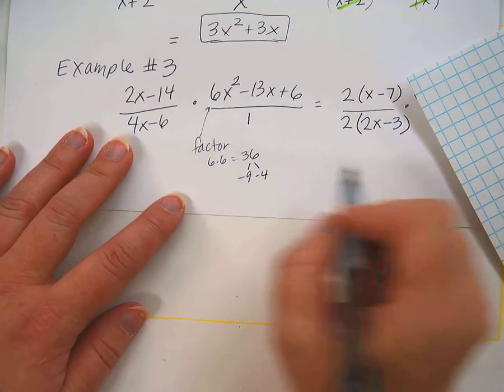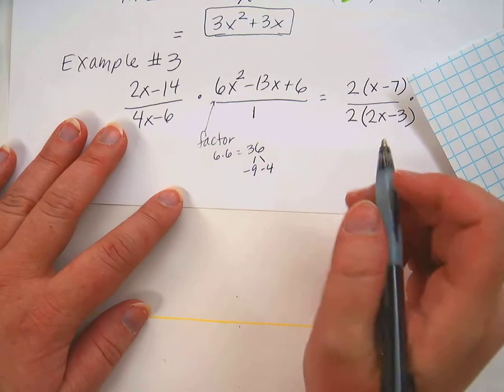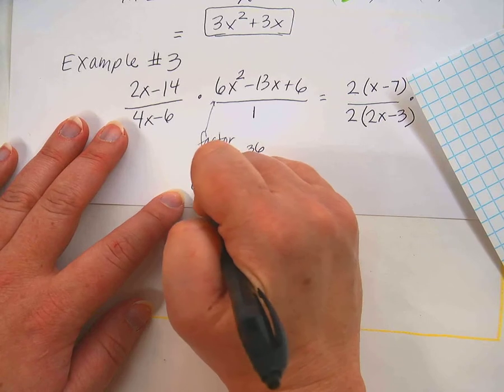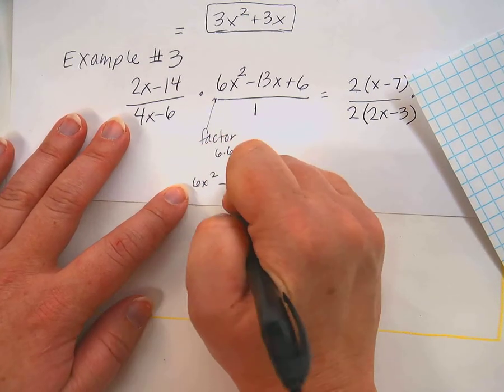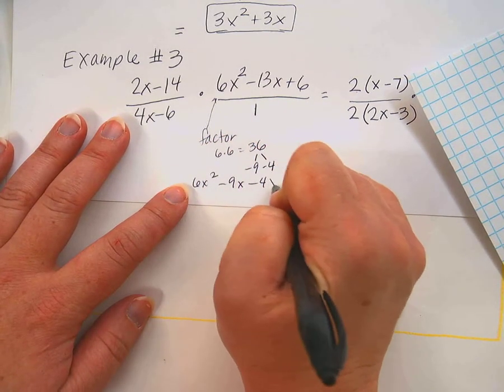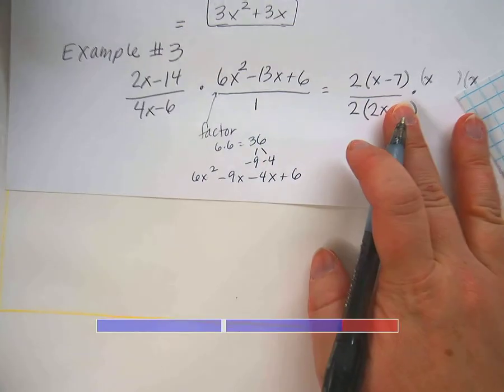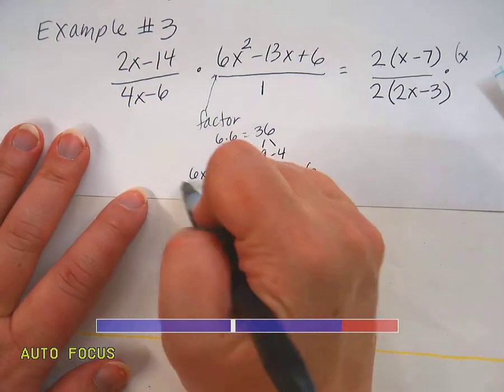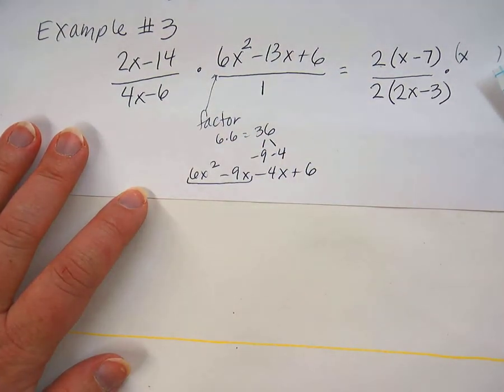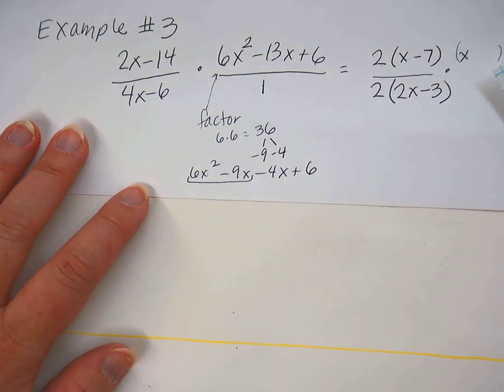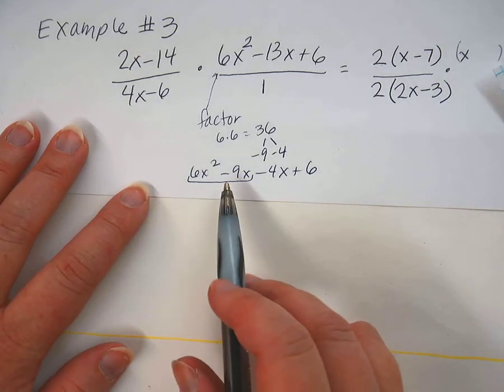Okay, so we're going to rewrite this whole problem as 6x squared minus 9x minus 4x plus 6. Then we factor by grouping. We factor these two terms. Is there a greatest common factor that goes into 6x squared and 9x? Who knows the greatest common factor for those?